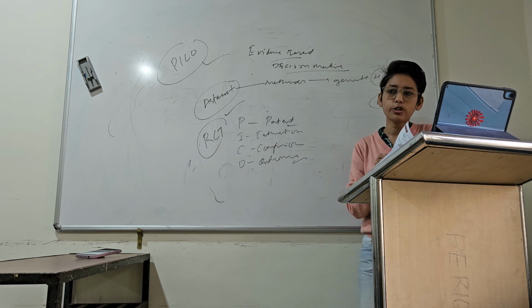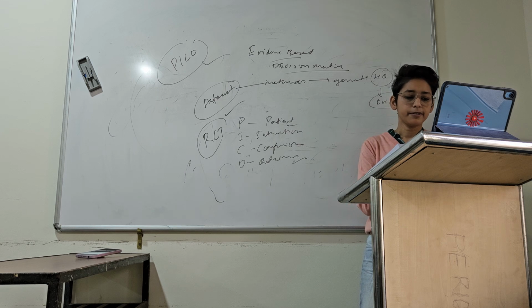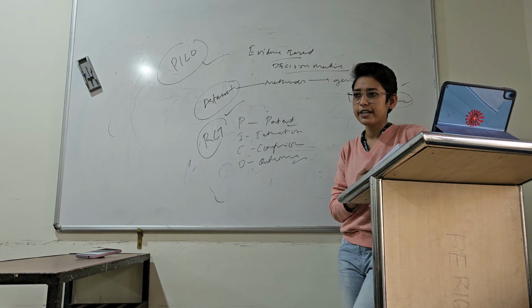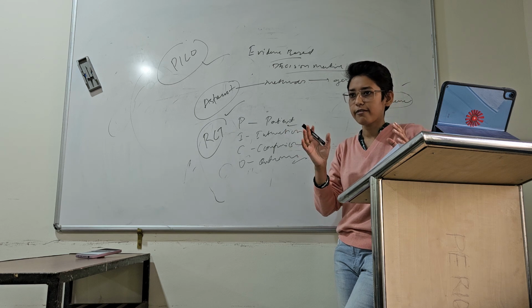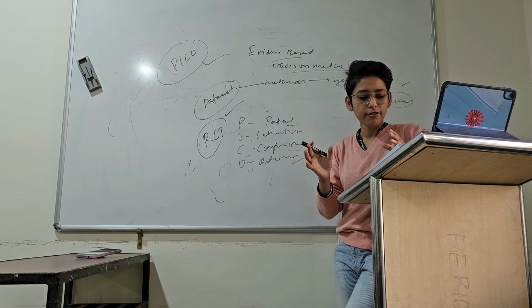So in this case, the PICO question for our splinting, how long do we need to splint it? It will be: for a patient with replanted avulsed and luxated teeth, so you have covered the patient part, what the patient is suffering from.